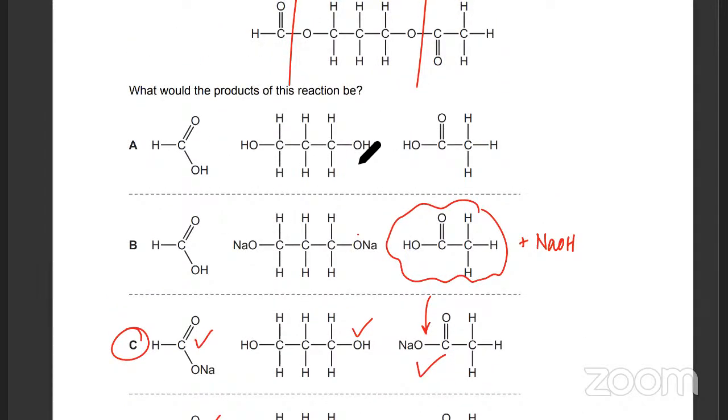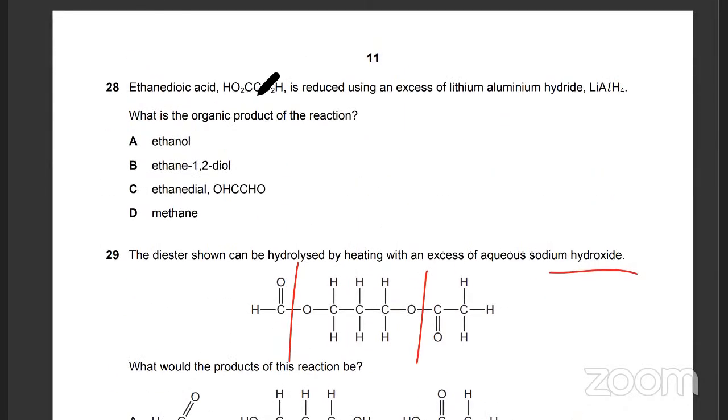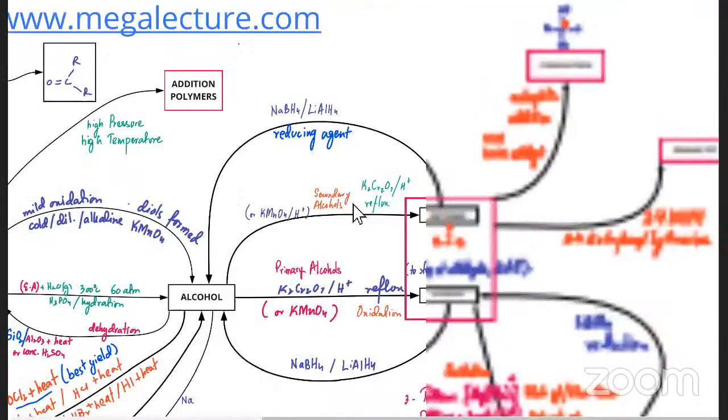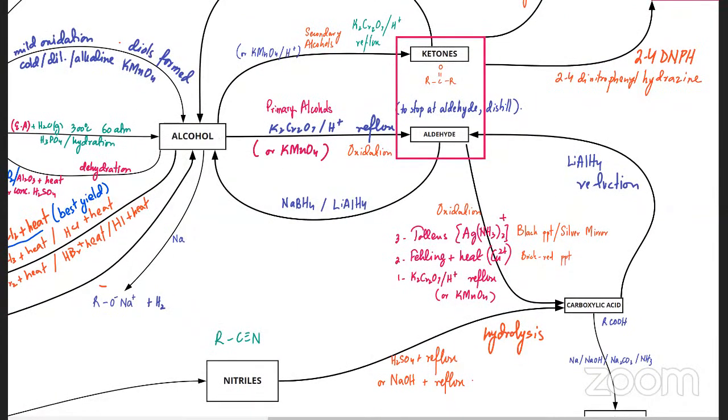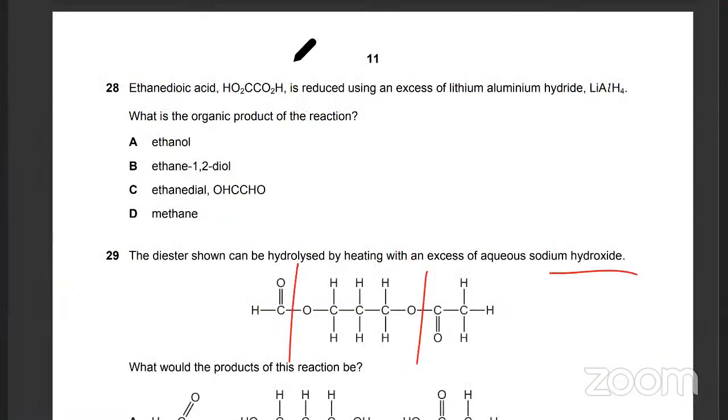The next one is that this molecule is reduced using an excess of LiAlH4. What is the organic product? This is a carboxylic acid, and carboxylic acids do undergo reduction with LiAlH4. They will turn into an aldehyde, and then further get reduced to an alcohol. So you'll have a double alcohol, an alcohol on this carbon atom and on this one as well.